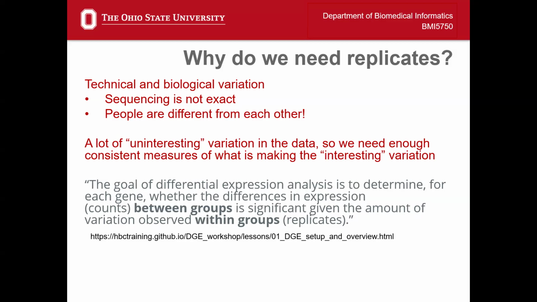And that would be testing the technical sequencing differences. And that is useful information because sequencing is not always exact. There are errors in what the sequencing machine does, and sometimes we need to see those errors or understand how much those errors are contributing.